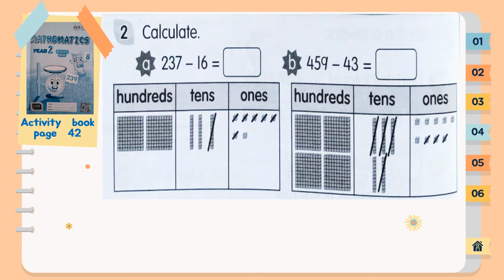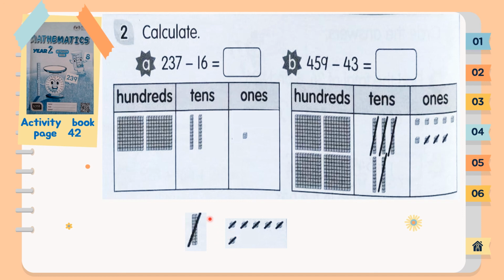Let's look at the exercise in the Activity Book, page 42. Question number 2. Calculate. A, 237 minus 16. First, look at the box here. There are 237 blocks. We subtract 16. Let's take out the cross blocks in ones and in tens.